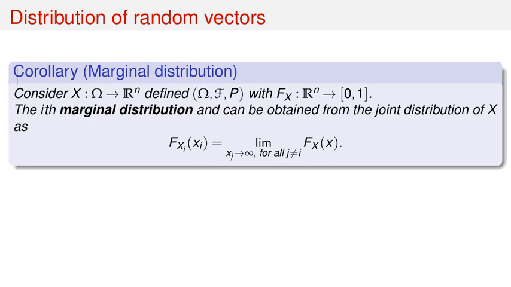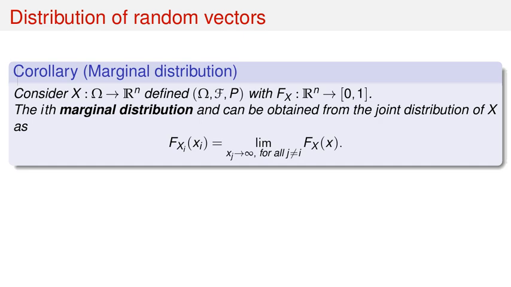We have a corollary regarding marginal distributions. Consider a random vector X from Omega to R^n, defined on Omega, script F, P with a joint distribution function F sub X from R^n to the closed interval [0, 1].